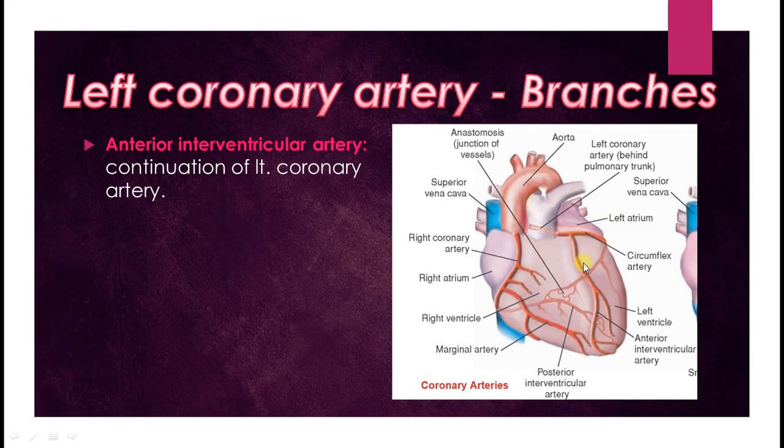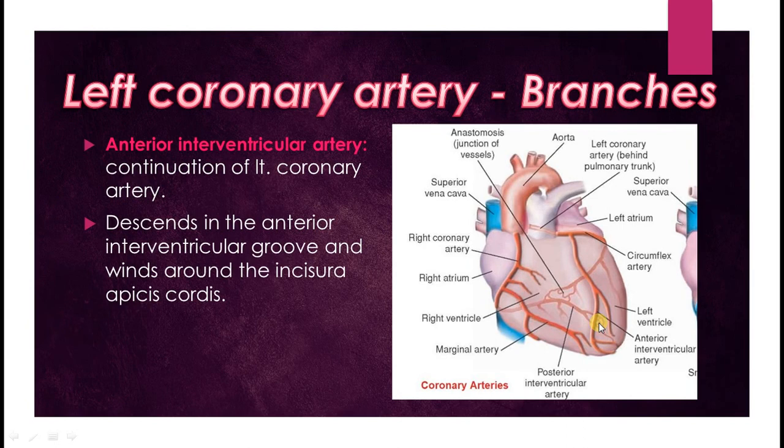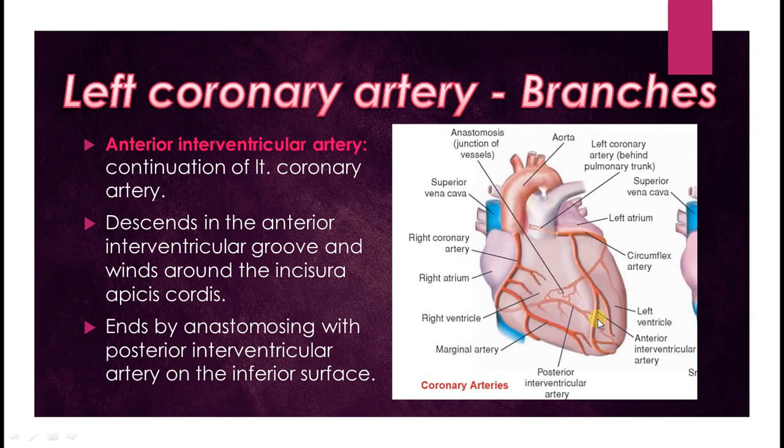It is seen in the anterior interventricular groove and runs towards the apex along the incisura apicis cordis, then goes to the posterior part of the interventricular groove and anastomoses with the posterior interventricular branch of the right coronary artery. Okay, so that's what I told you.